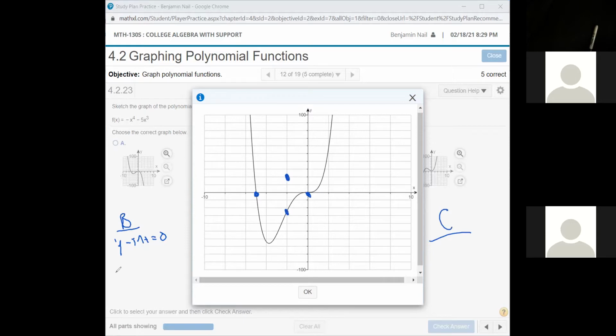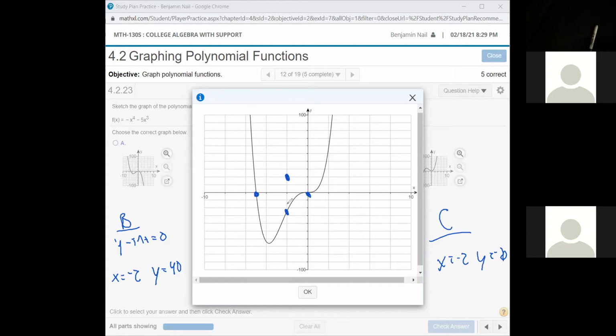So at x equals -2, choice B gave me a y value of positive something, probably about 40-ish. Whereas for C, if I plug in an x of -2, I'm going to get some sort of negative value for y.